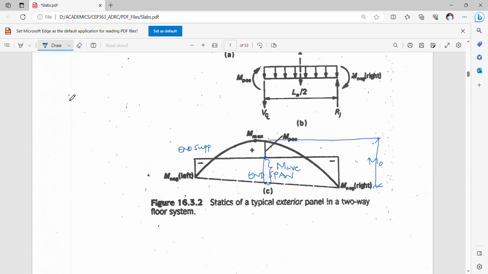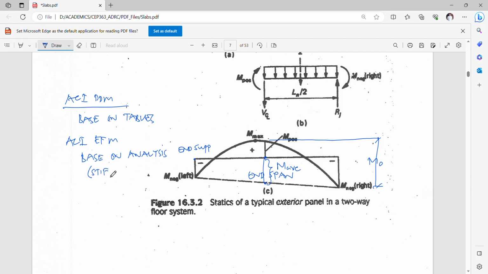Now, on the ACI DDM, direct design method, the distribution of these moments is based on tables. That makes the direct design method different from the ACI equivalent frame method. In the equivalent frame method, these are now based on analysis. We have to analyze the moment based on the stiffness analysis.